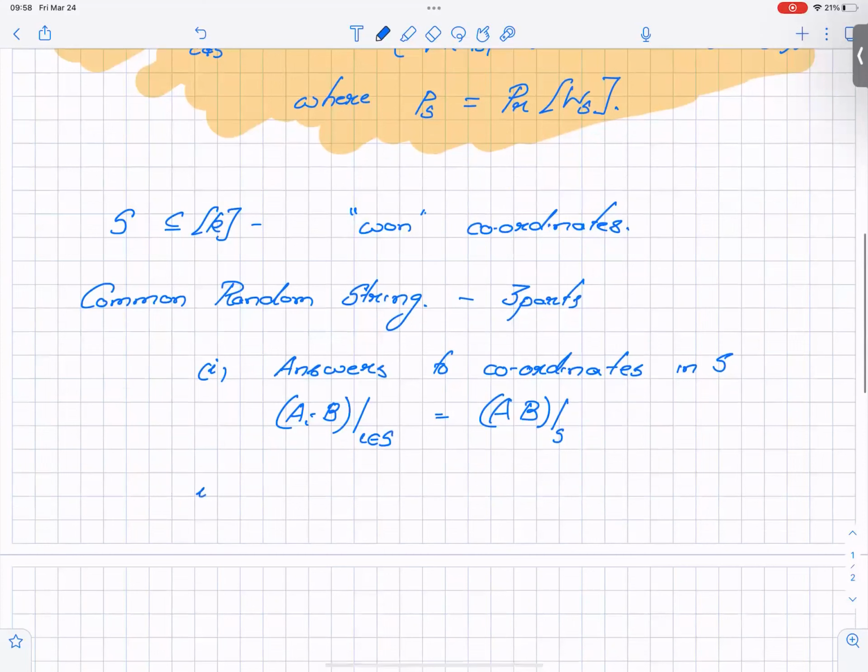Okay, we're going to give this. The next part was the questions in coordinates S. That was x_i, y_i, i in S, as x.